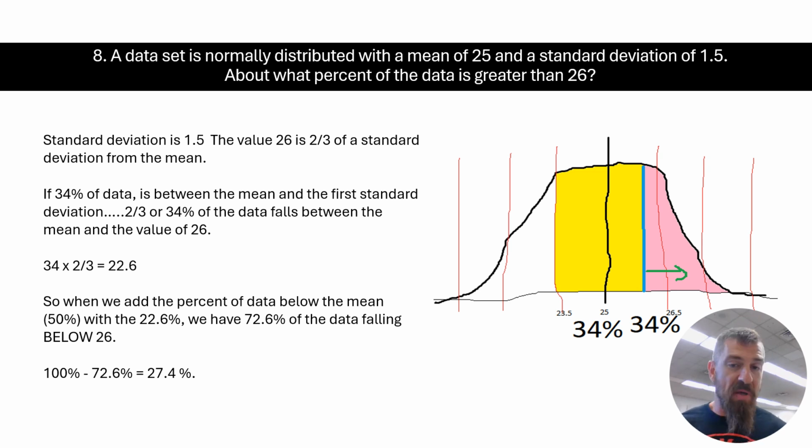Now that specific answer was not an option on the test, but the closest option on the test was 25. It was asking you to round. And you could have approximated this without finding exact percentages like we did here. But roughly 25% of the data falls above 26.